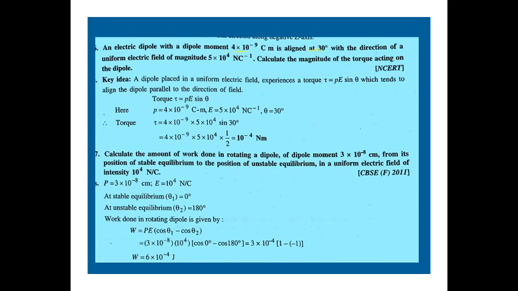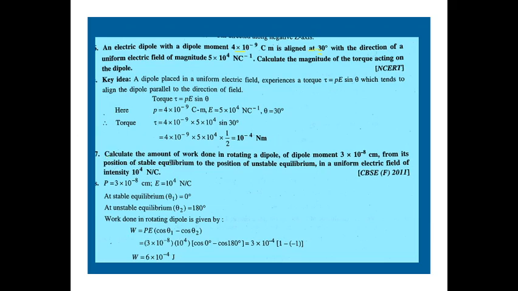Calculate the magnitude of the torque acting on the dipole. This is a simple question. Torque equals P E sine theta. Substituting the given values of P, E and theta equal to 30 degree, we get a direct value. The unit of torque is newton meter.